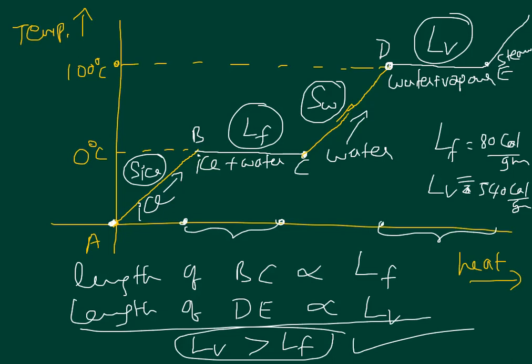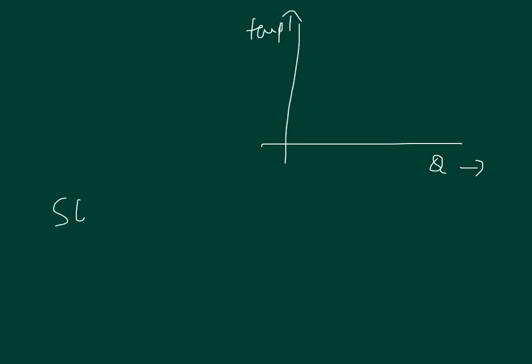And the slope of the graph. Here we are taking heat energy, and what is this one? Temperature difference. That means temperature on the y-axis and heat energy on the x-axis. What do you mean by slope? The slope of the graph is nothing but tan theta.